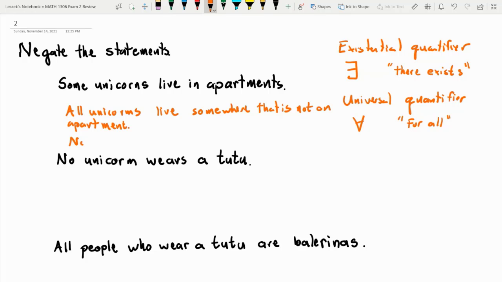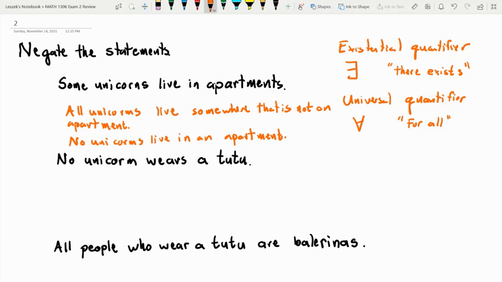Better English probably would be that no unicorns live in an apartment. Okay, so for the next statement, which says no unicorn wears a tutu, that's the same thing as saying all unicorns do not wear tutus.